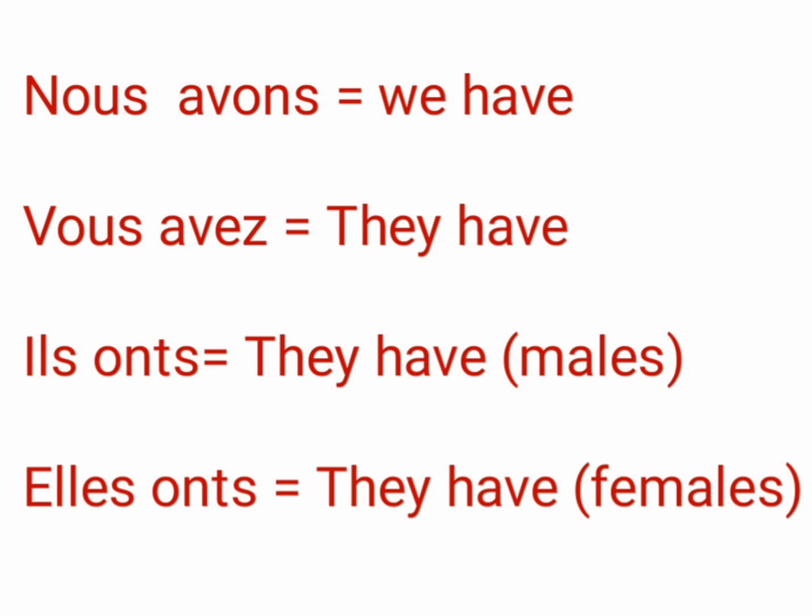If it's a group of ladies, use E-L-L-E-S. You add the S to show the plural. Elles ont. So all these things are very important when you're writing French. Might not be necessary when you're speaking, but for you to write good French, you need to know all these. So when you're writing an essay or sentences, you're able to get it right.